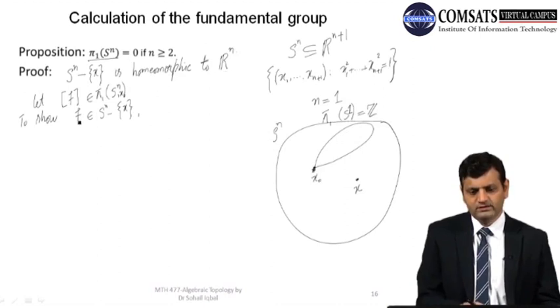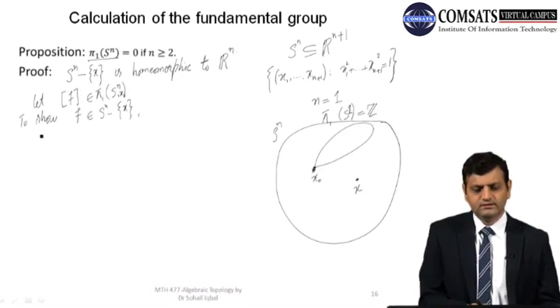So if this path belongs to Sn minus x, then it can be considered as a loop inside Rn, and so it will be null homotopic. Since Rn has trivial fundamental group and it is also path connected, it is simply connected.